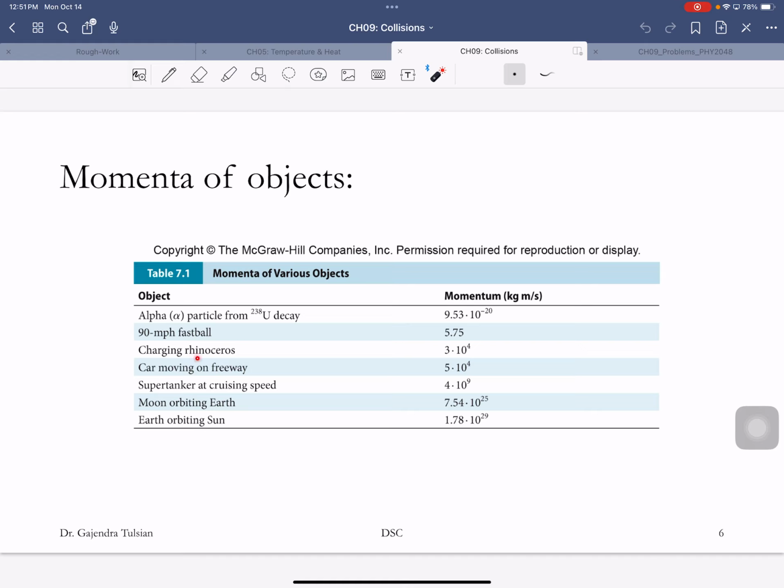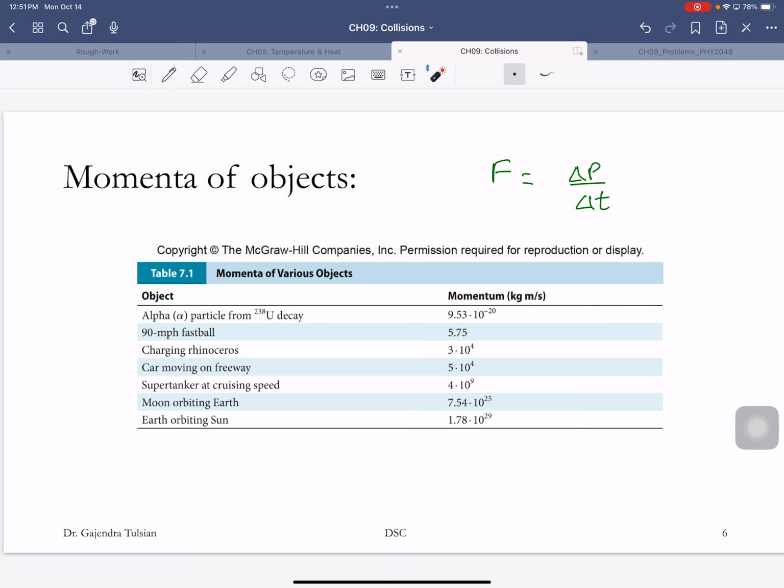A charging rhinoceros, the momentum is 10,000 times more than that of a fastball. Well, why are we talking about the momentum? Why are we giving you these examples? All right, so what this means is, a catcher stops the fastball in his mitt. If you stop the ball in a certain amount of time, it tells you what kind of forces you have to apply.